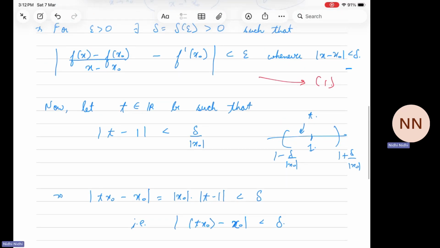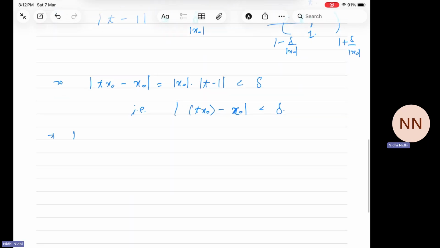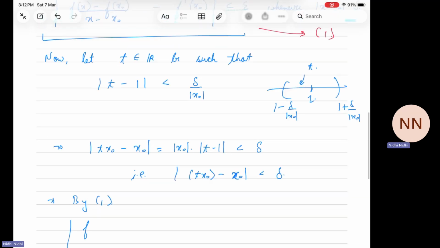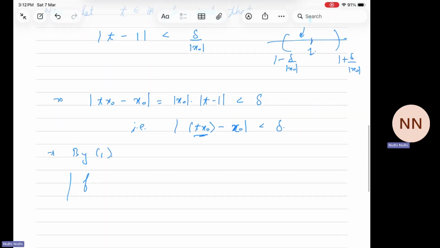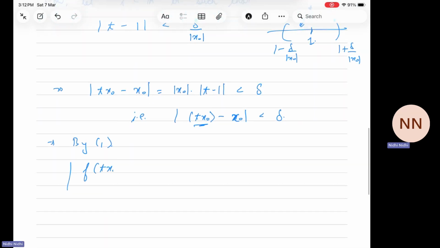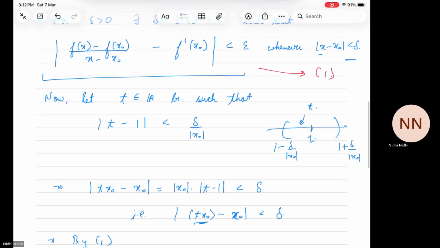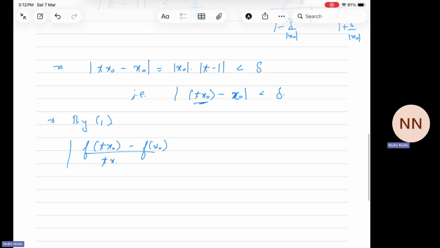Now, whenever this is happening, by differentiability of f, this condition should hold. That means by equation 1, now this x should be replaced by t x naught. So mod of (f(t x naught) minus f(x naught)) upon (t x naught minus x naught) minus f dash x naught is strictly less than epsilon.